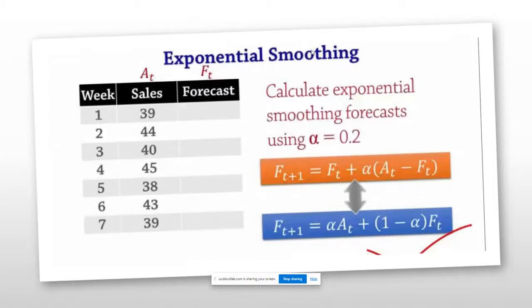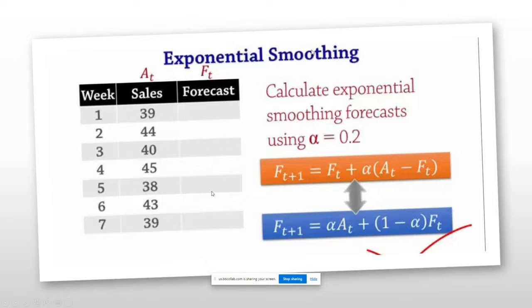So let's go now and try an example. You see the information there for weeks 1 through 7. We have sales of 39, 44, and so on, AT, so those are the actuals. The first thing we need to do is forecast for each period, and then compare the actuals to the forecast.